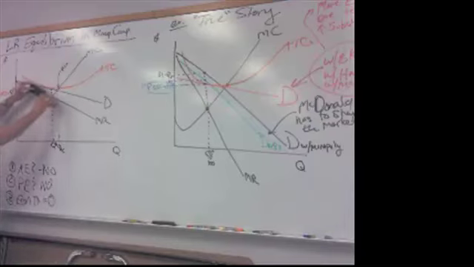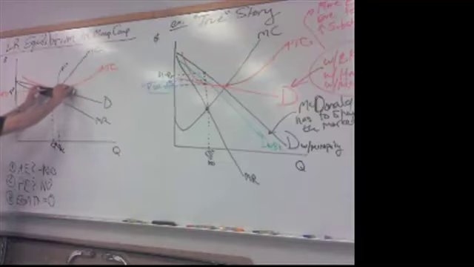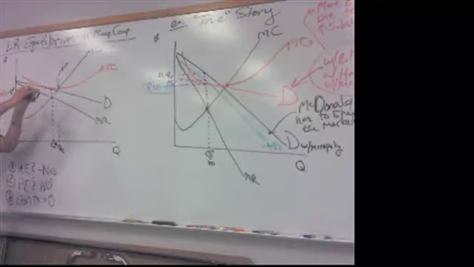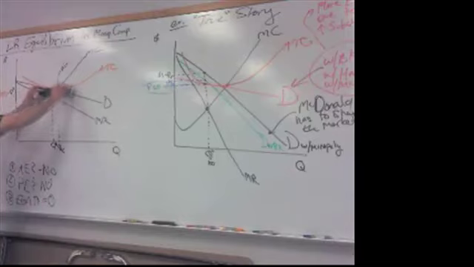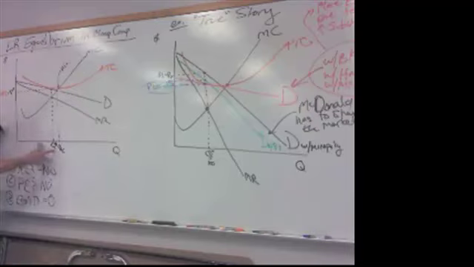In fact, if it got really, really flat, almost perfectly horizontal, what are we approaching? Perfect competition, right? So as we have more and more competition and it becomes flatter and flatter, the point here is that this becomes less and less of an issue.